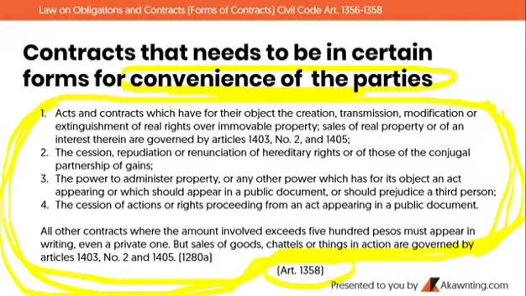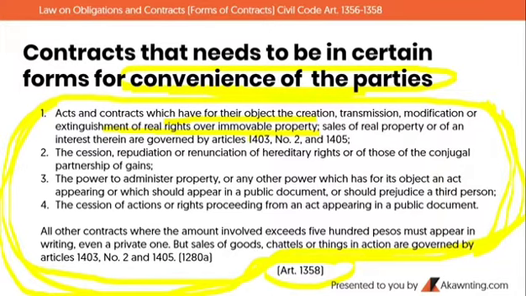Number 1, acts and contracts which have for their object the creation, transmission, modification, or extinguishment of real rights over immovable properties. Okay? So, for example, real mortgages. Okay? So, real mortgages, okay, sabi natin, consensual lang ang real mortgage. Okay ba?